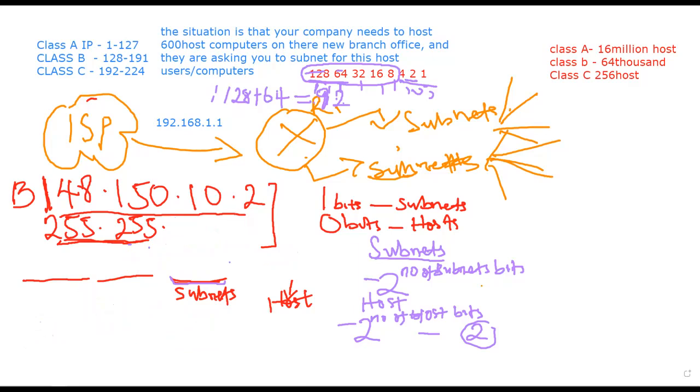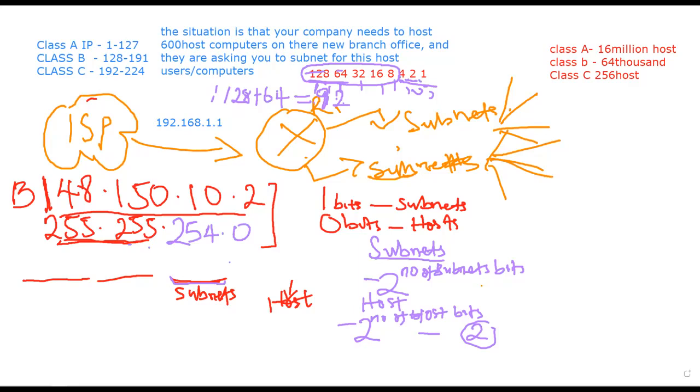Now, let's change our subnet again to 254.0. Imagine that this was 248, this was 252, and this was 254.